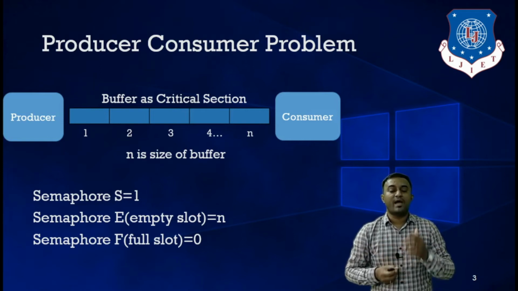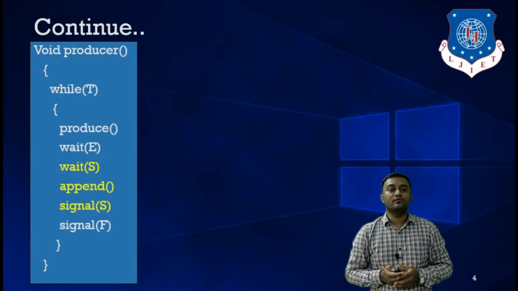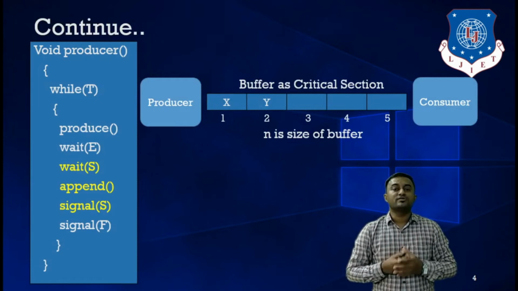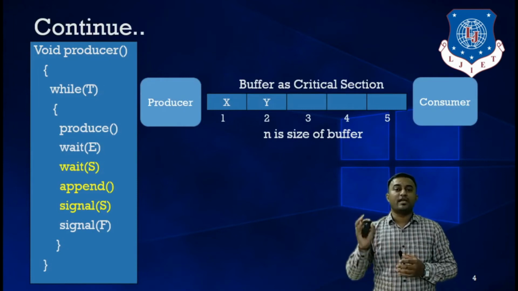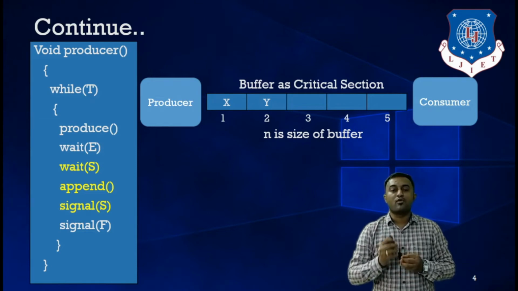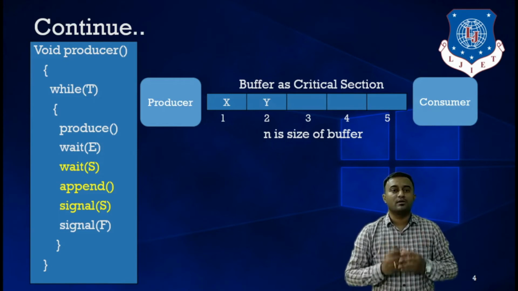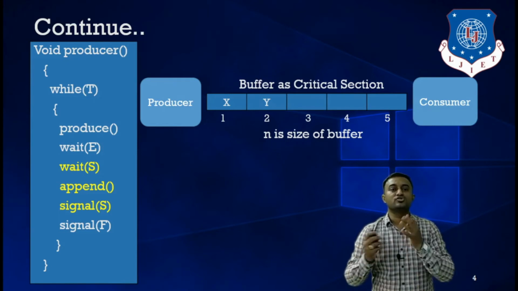These are the initial values that we need to consider. With this consideration, let us first discuss the producer problem, using the figure that I have carried forward by modifying certain things. Then we will discuss the consumer.